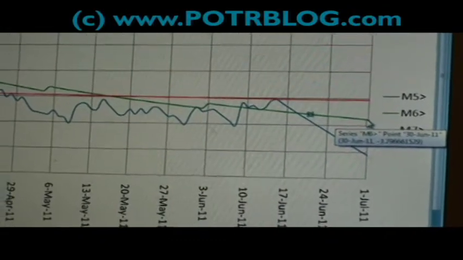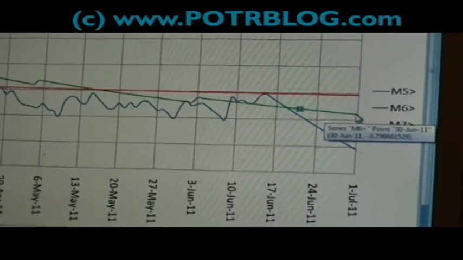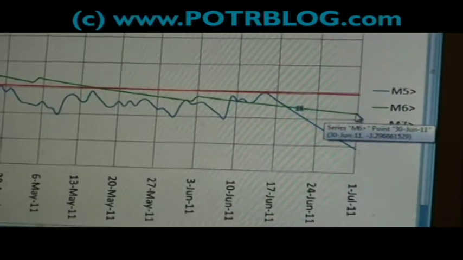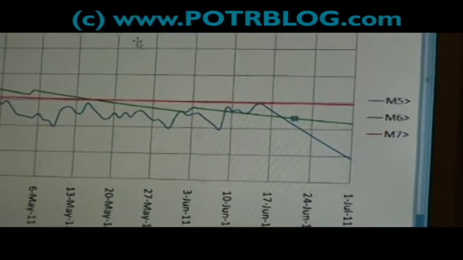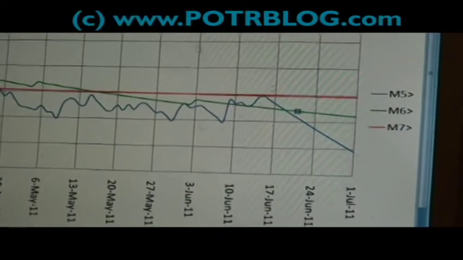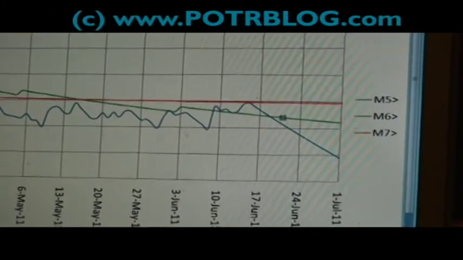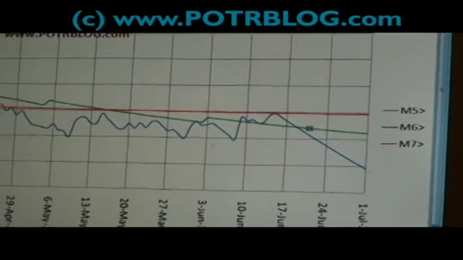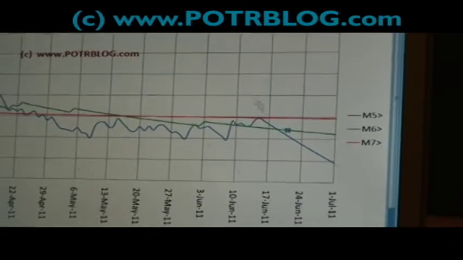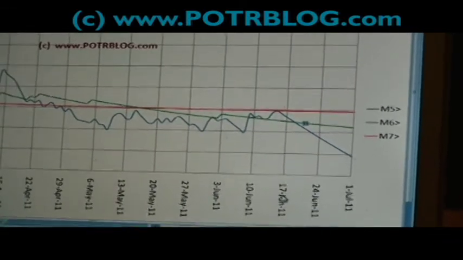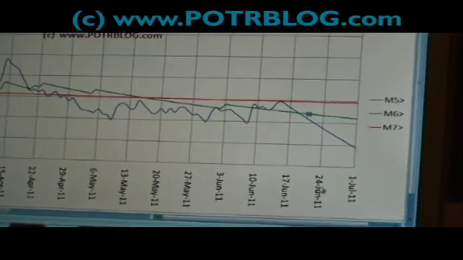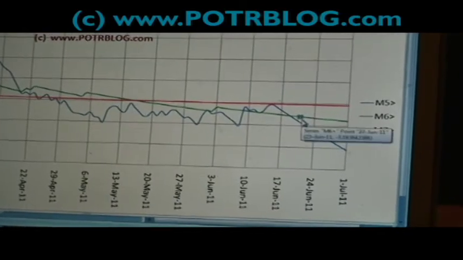On July 1st, if there were no further magnitude 6 quakes, we'd have a deficit of 3.79. Well, shortly after I posted this, we had a 5.9, and then yesterday we had a 6.7. And I use the Japanese dates. These are the dates of the earthquake in the Japanese time frame.